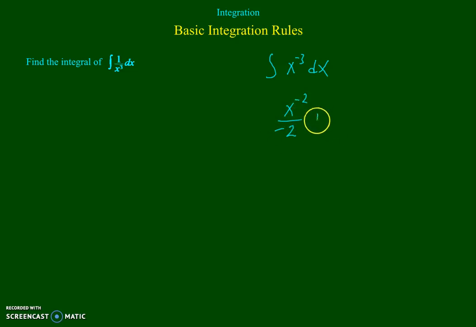So this gives us negative 1 over 2x squared plus c. Now these are very subtle properties, so you've got to pay attention to them when you're working through these problems. Notice we included our constant of integration. Now let's look at another problem.